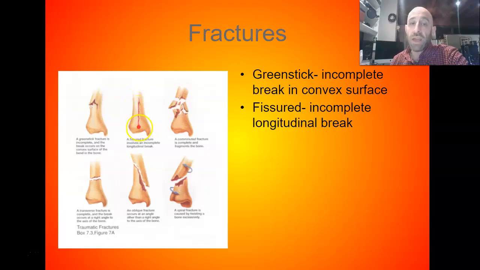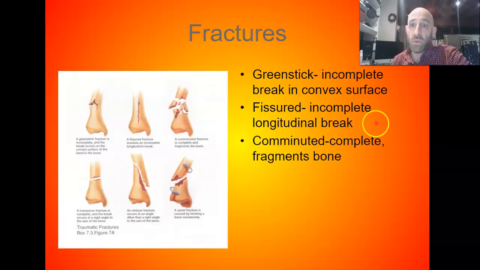This is a break that probably doesn't need to be treated. If you've ever had a stress fracture, you know you have to just stay off of it, but you probably don't need to get it put in a cast or anything. So greenstick is an incomplete break on the convex surface. Fissured means an incomplete longitudinal, or up and down, break, and that's caused by stress.